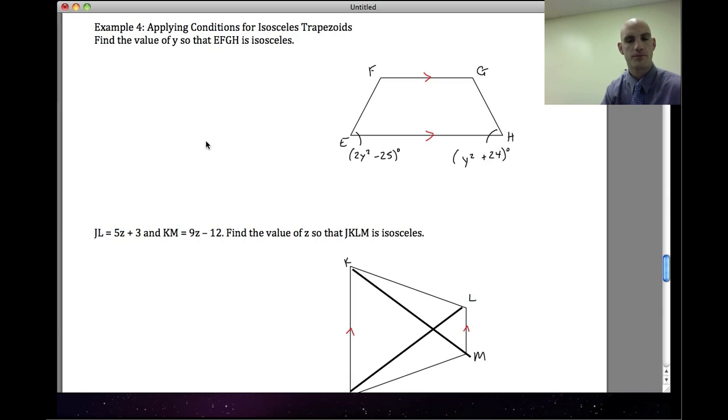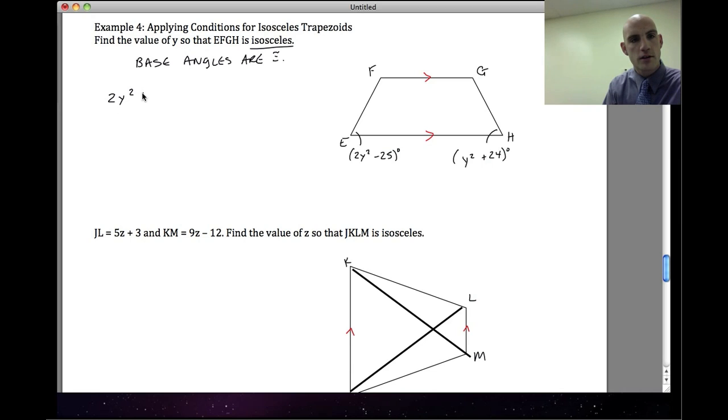Here's another example. When we talk about this example, we have two base angles here that are congruent. And so what we are going to do is we are going to say, this is an isosceles trapezoid. How do we know? Okay? Now, we know that this is an isosceles trapezoid because they just told us that this is an isosceles trapezoid. So we know that base angles are congruent. Okay? So we're going to set these two equal to one another.